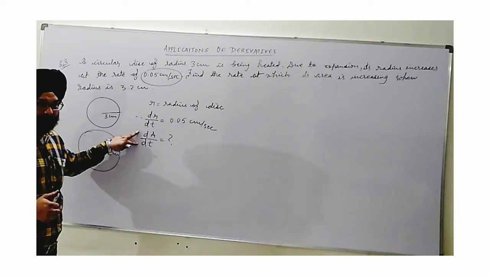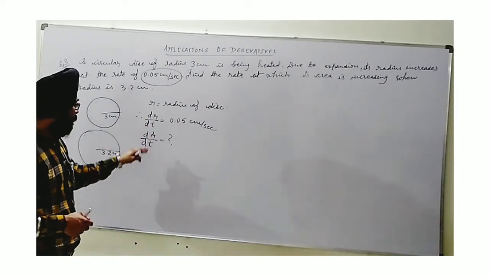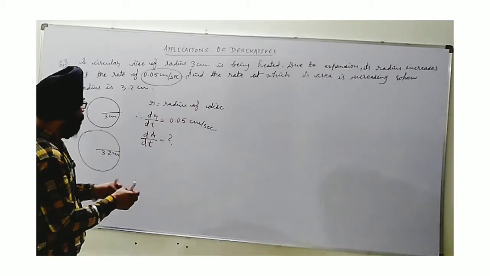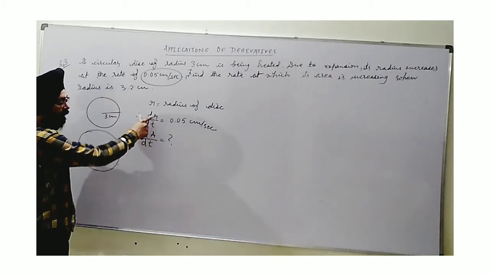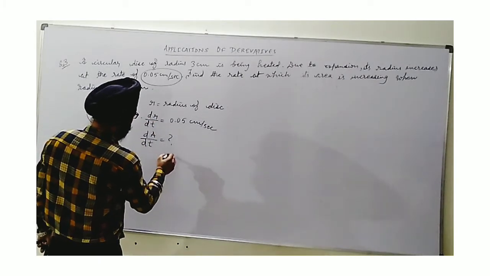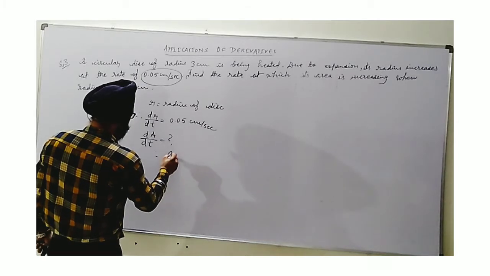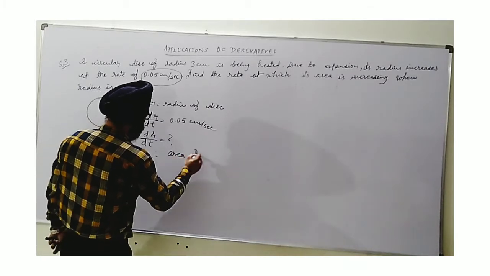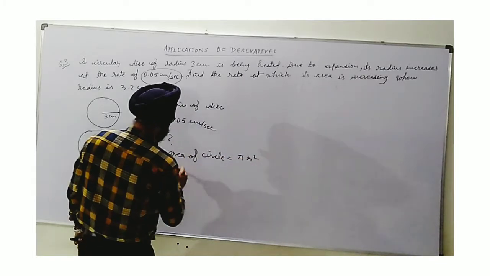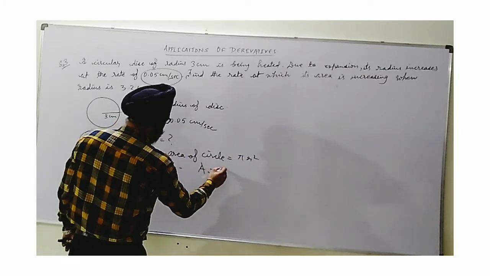We need to find the change in area. This is a circular disc. Don't forget, we have to understand the figure. Area of a circle is directly related to the radius of that circle. So we have to write the formula. Since area of circle is equal to pi r square, therefore we can write A, which we have considered.